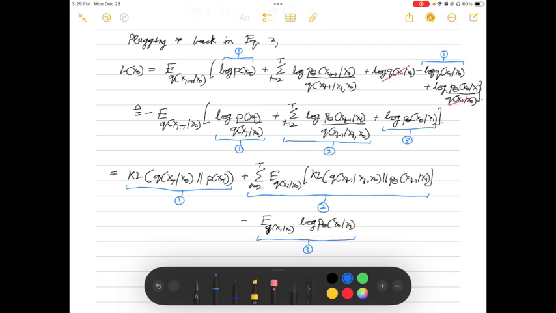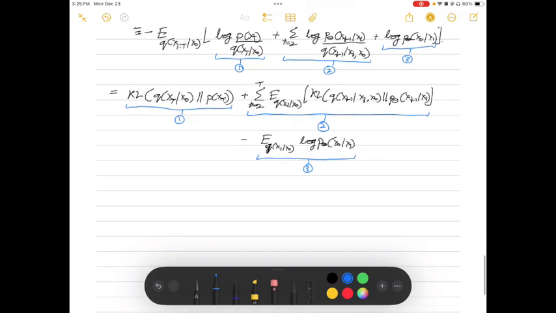So each of these terms has its own interpretation.